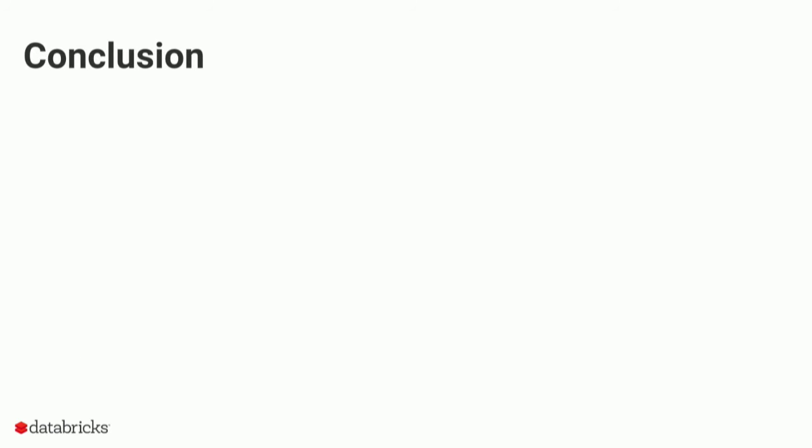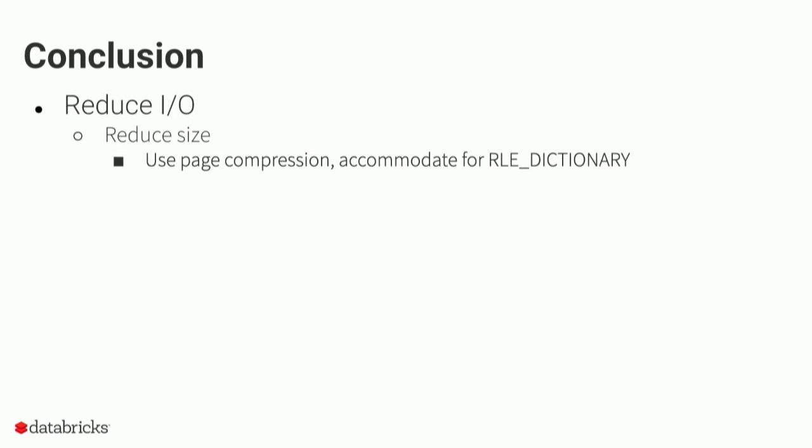So yeah, let's quickly look at what I've discussed today. So basically, we want to reduce I/O. And how do we do this? By reducing the size of the file, which can be done by using page compression in Parquet and to accommodate for the dictionary encoding that we have. We can avoid reading in irrelevant data.